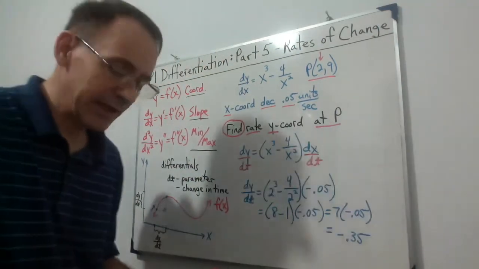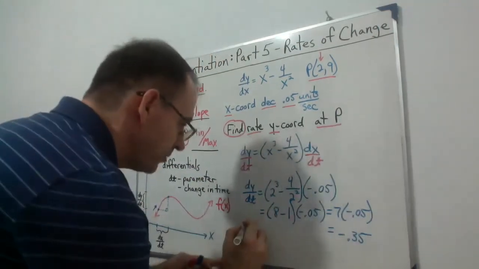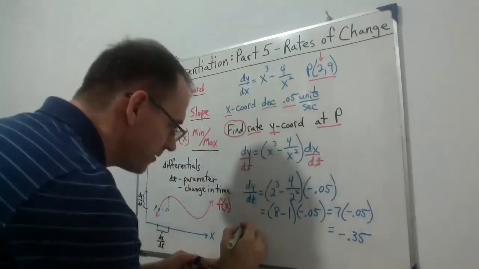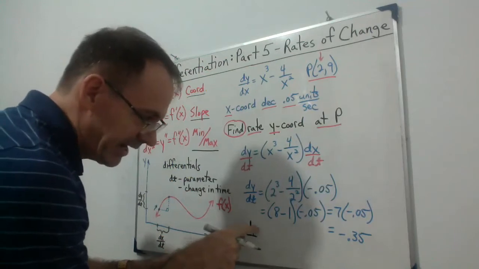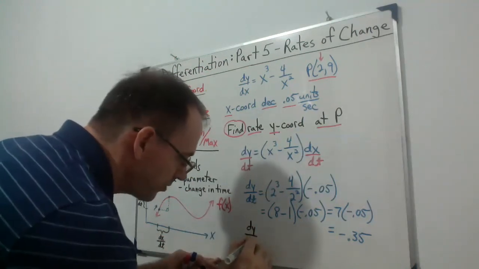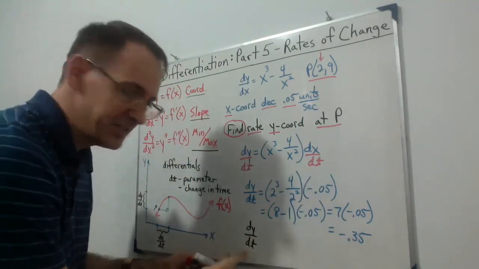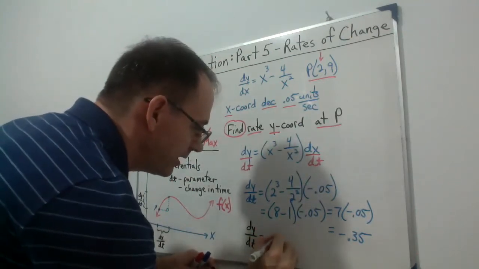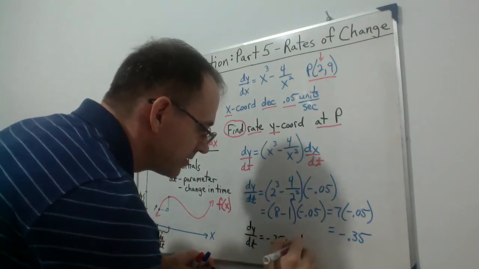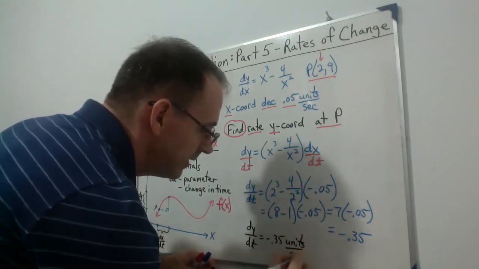So you have 2 ways, again, that you can show it. You can say that our rate of change of the y, so our dy, or the change of our y with respect to the change in time, is at a rate of negative 0.35 units per second.